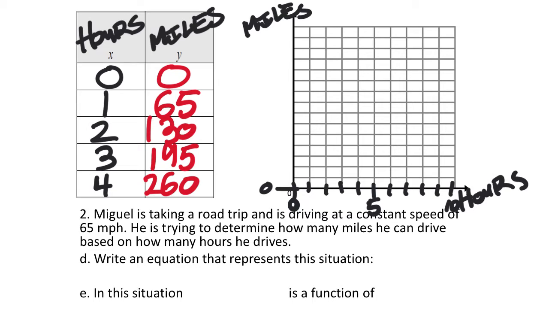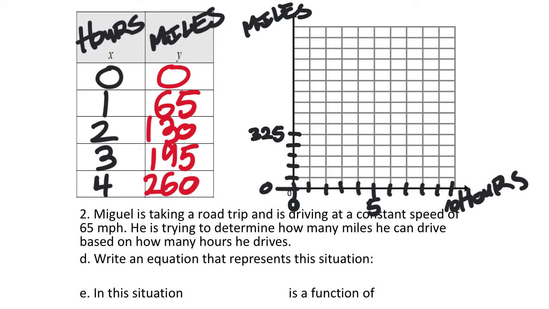And then once again, we'll be a little bit more methodical with scaling our y-axis on this one. And since he starts at 0 miles for 0 hours, which is the origin, if I just make each of these lines represent 65 miles, then each of the ordered pairs will land on a grid corner. So that'd be 65 there, 65, 130, 195, 260, and then that'd be 325, looks like.